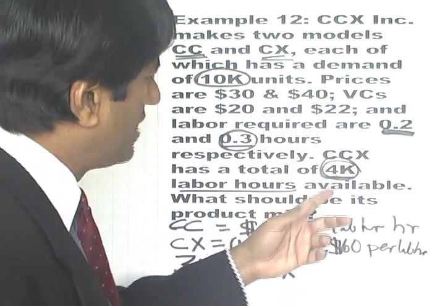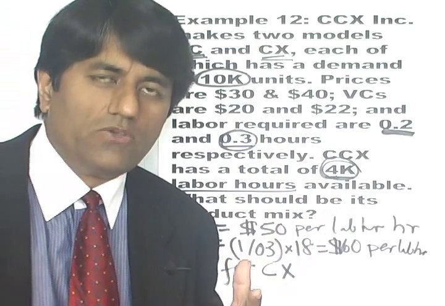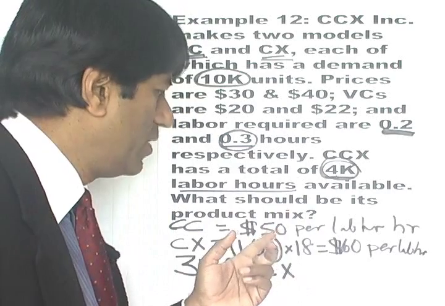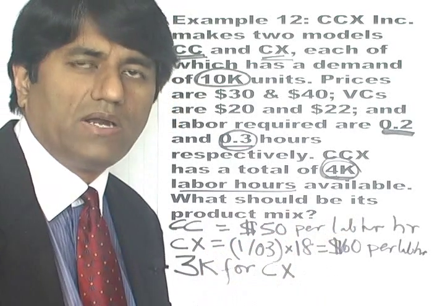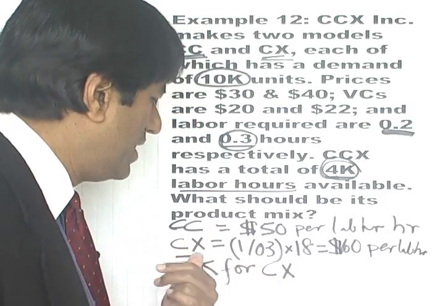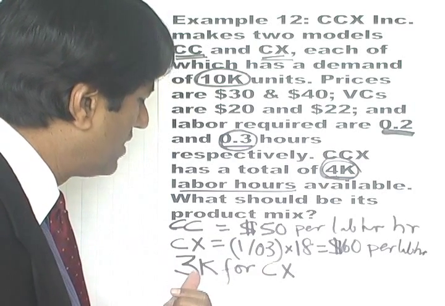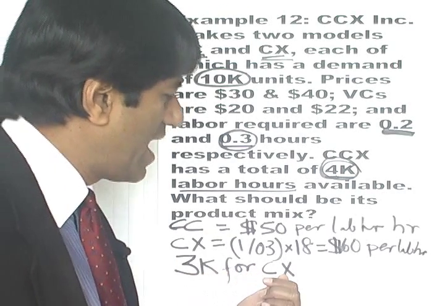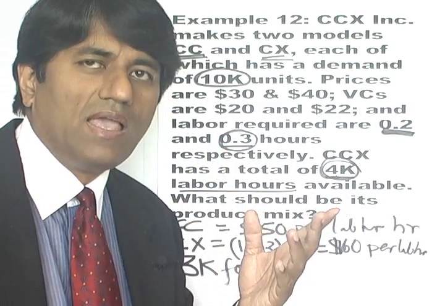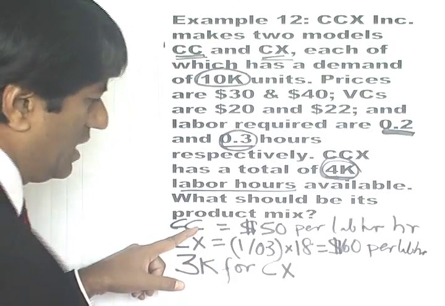How much does that leave? That leaves 1K. And you're going to use that to produce CC, because production of CC is a good thing. It produces $50 per labor hour of contribution margin. It is just not as good a thing as production of CX, but you're producing the maximum CX by consuming 3,000 labor hours for CX, and that leaves you 1,000 labor hours still free, and you're going to use that to produce CC.